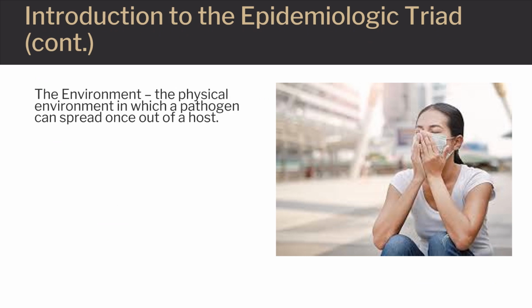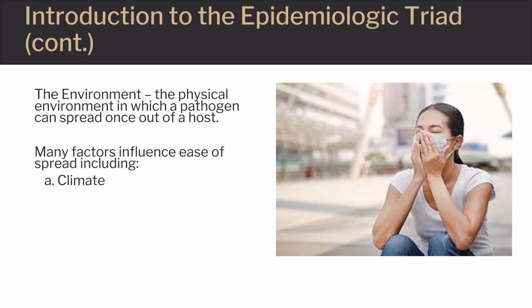The physical environment is another element of the epidemiologic triad. This variable has to do with unique physical conditions which increase or decrease the ability of a pathogen to spread through time and across space. The environmental climate is a very important consideration of spread. Most pathogens prefer warmer, wetter, and/or more humid environments in which to grow and spread.